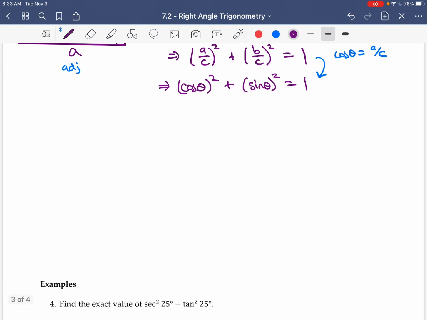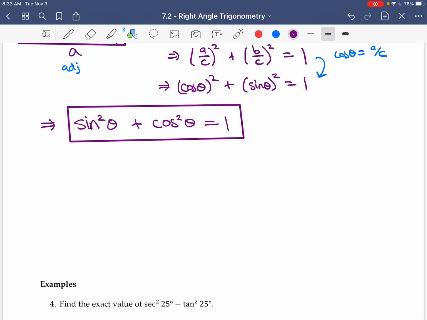Okay, so this is what we call the Pythagorean identity. So normally we write it sine squared theta plus cos squared theta is equal to 1. Okay, that is a very important identity. And I just want to make a note here.